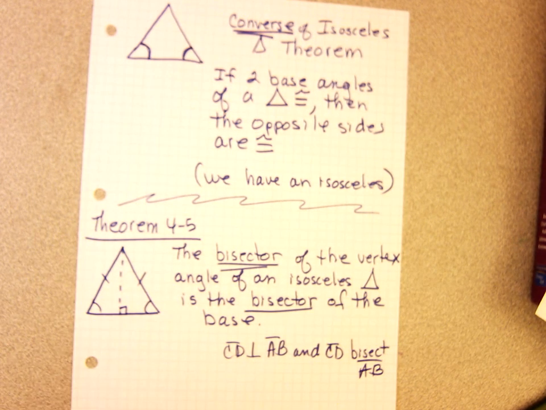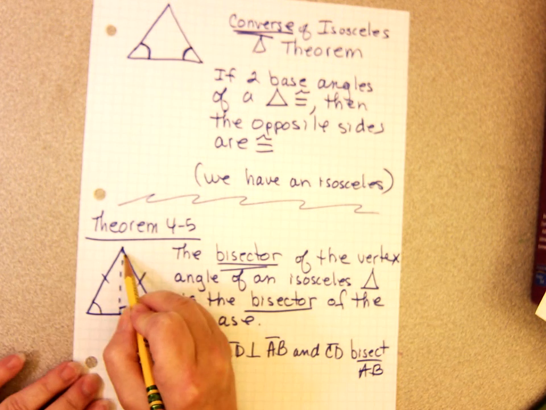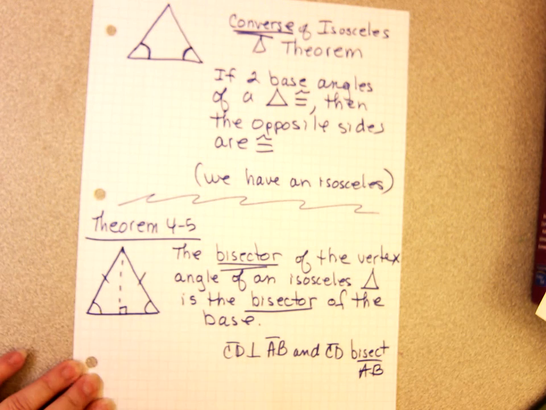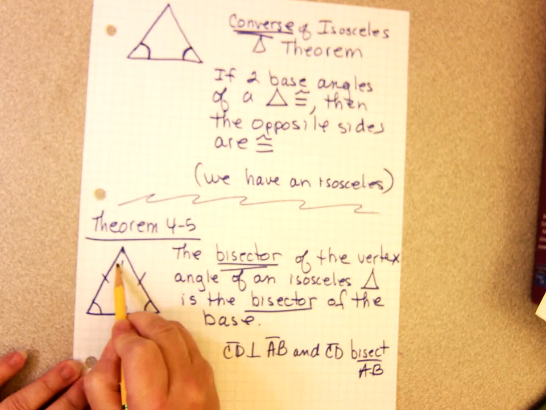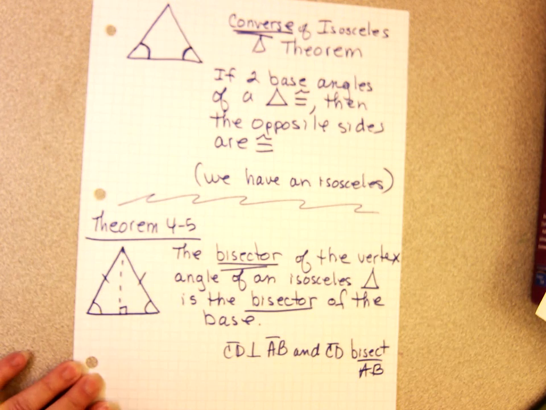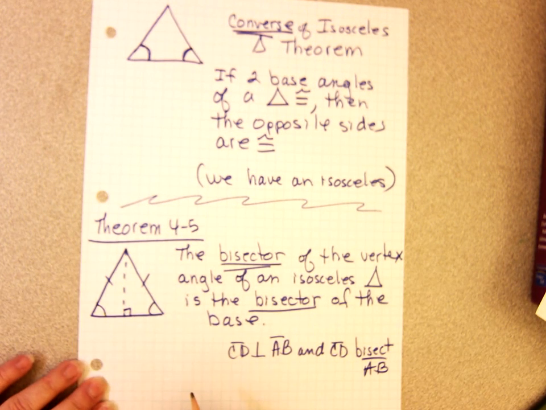So what does this all mean? Okay, we have the isosceles triangle, and we have the bisector. So first of all, it bisects this angle on the top. So what does that mean about these two angles? It means they are congruent to each other.